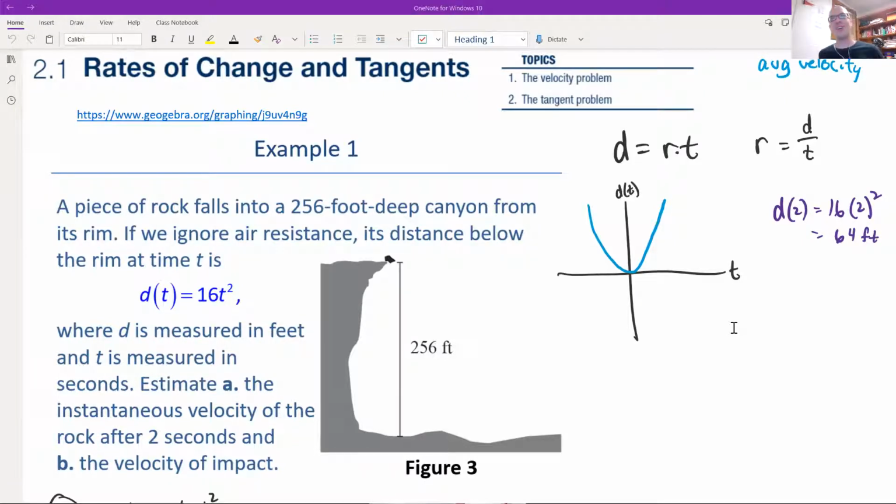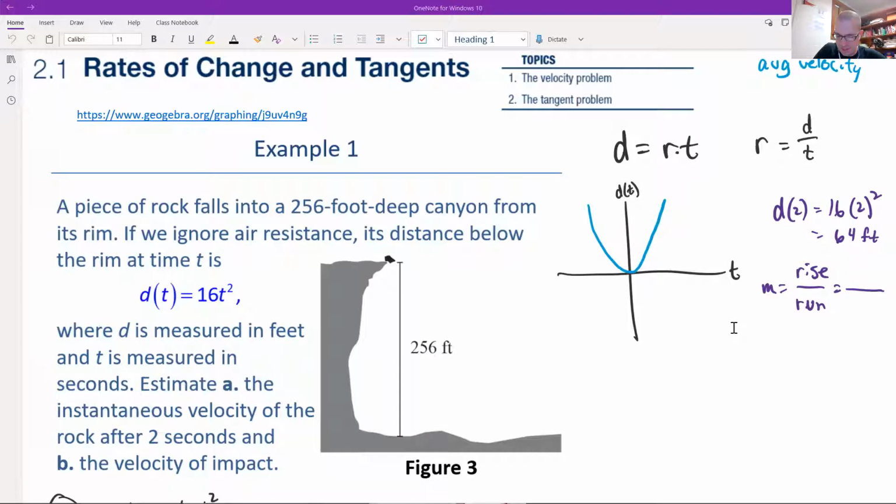And if we were going to try to calculate the slope based off of one point, we would get this really silly thing, where slope is normally rise over run, which would be a difference in y values over a distance in t values.